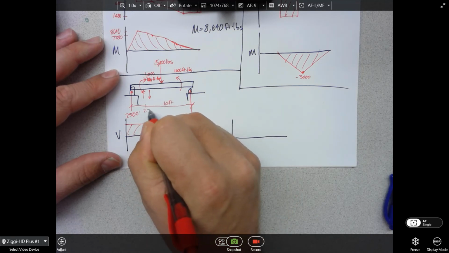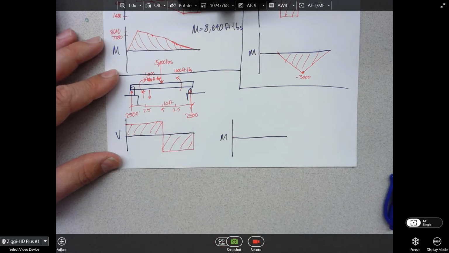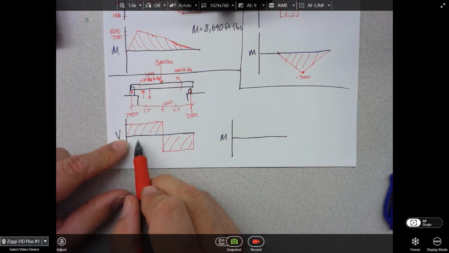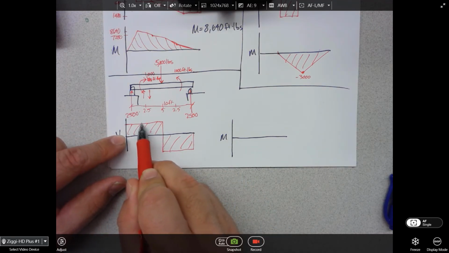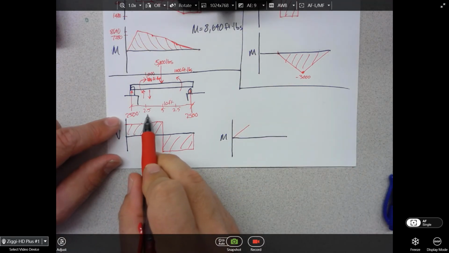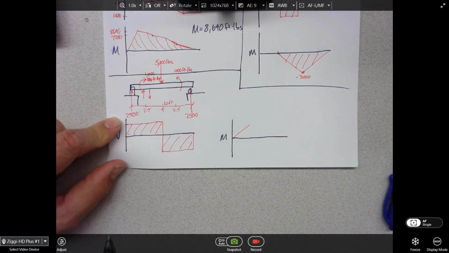Okay, so this happens at 2.5 feet, 2.5, and 5. So as I go from 0 to 2.5 feet, I'm going up like this. What's 2.5 times 2,500? 6,250?